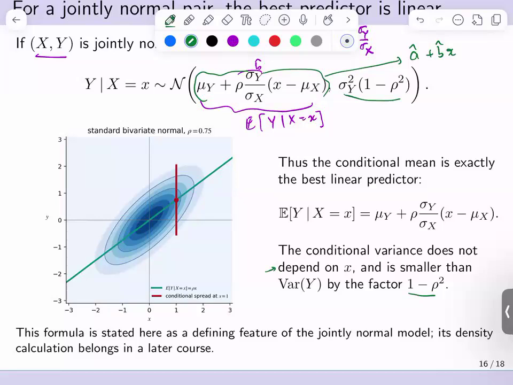You can see, compared to the marginal variance of y, if they're correlated, this rho squared would be larger than 0, so you decrease the variance of y. So you predict it by x. If there's correlation, you're successful a little bit and reduce the residual variance.